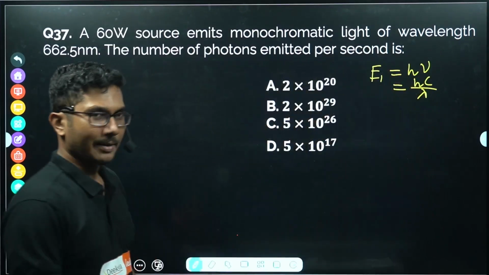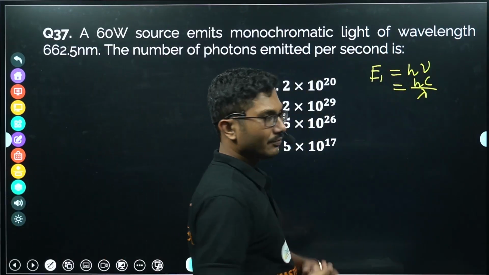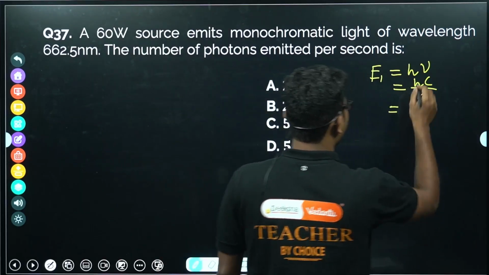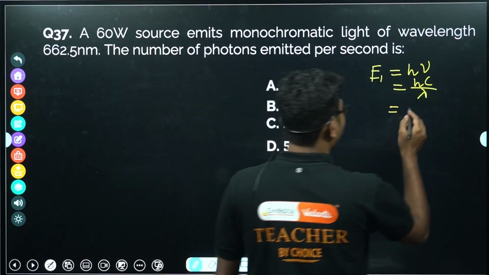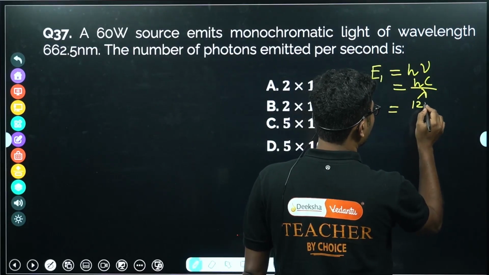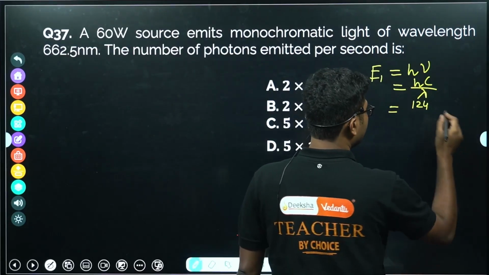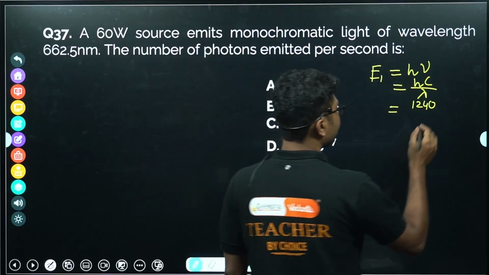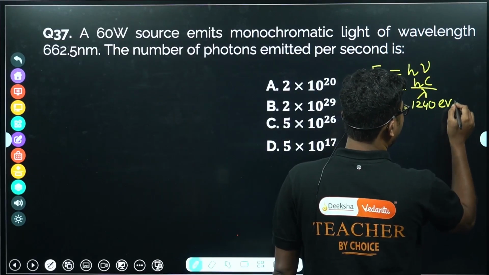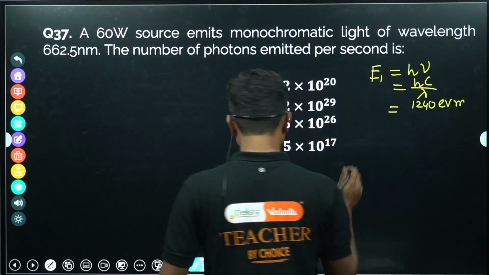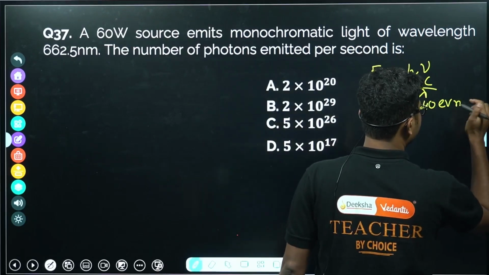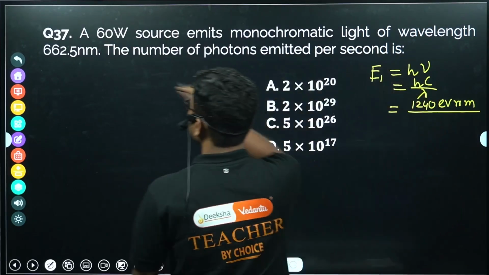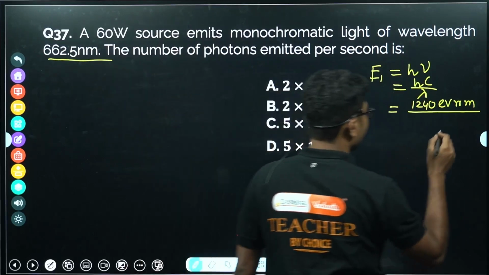Nu is c by lambda, right. So this is the energy for a single photon. Now in this case we also know that hc is 1242 eV nanometer. I am just assuming 1240 for now, 1240 eV nanometer, divided by lambda, which is given as 662.5 nanometer.